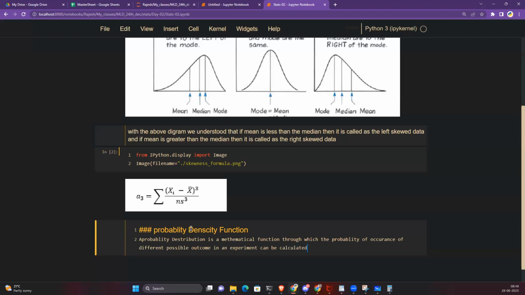Okay, what is PDF? PDF means a probability distribution is a mathematical function through which the probability of occurrence of the different possible outcomes of an experiment can be calculated.